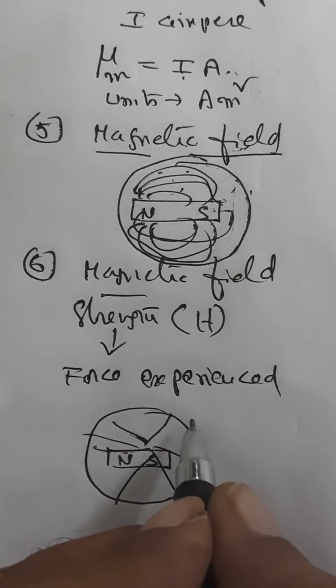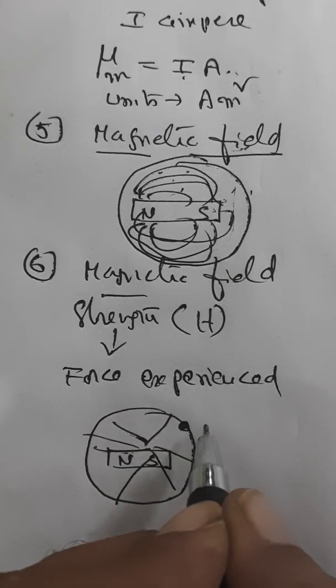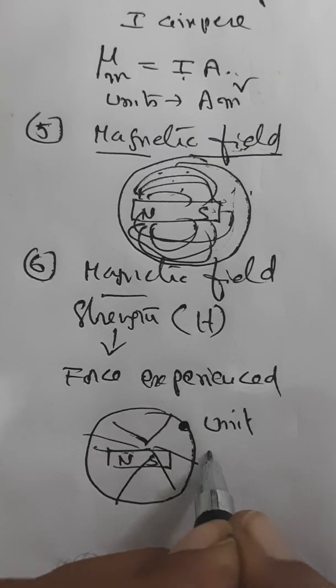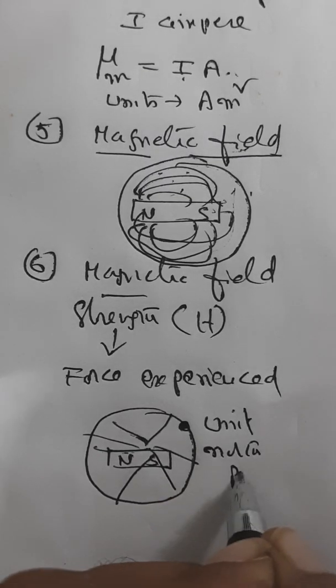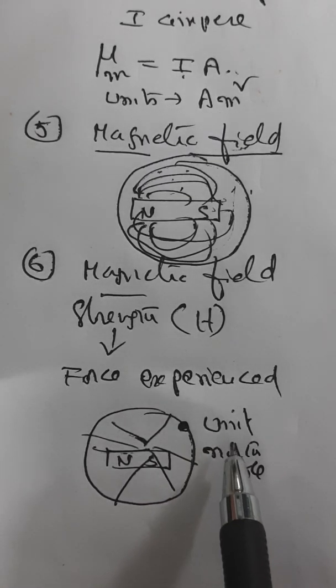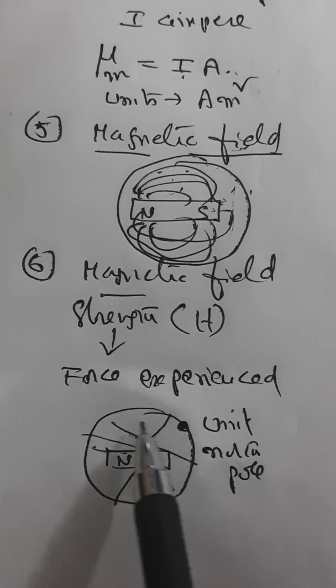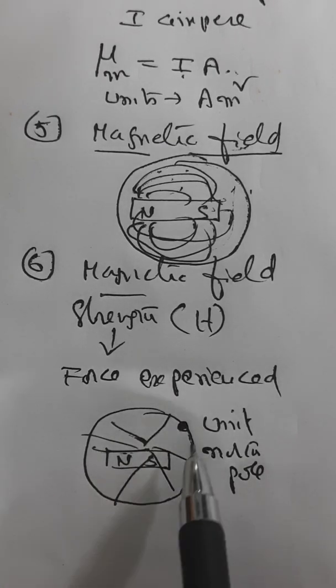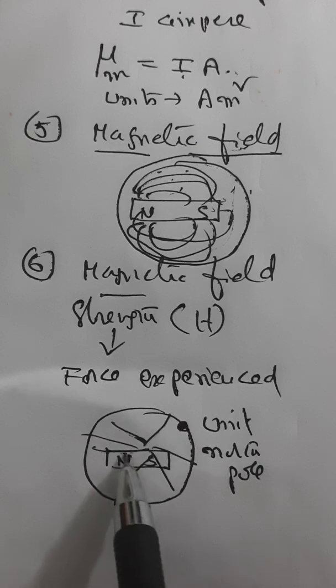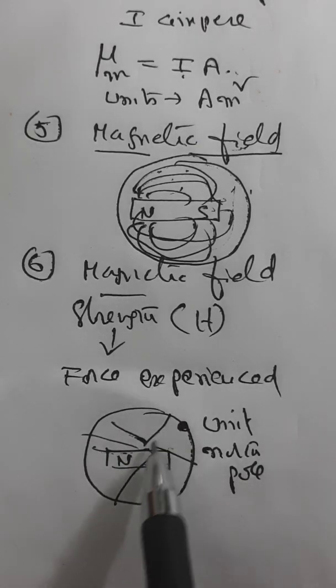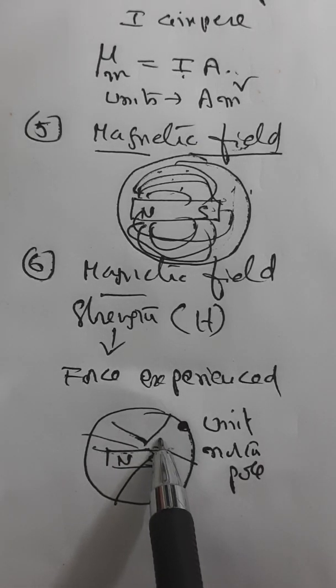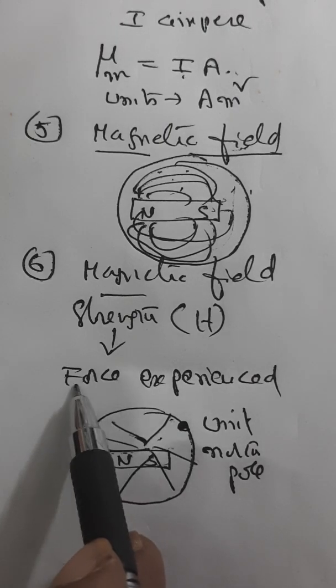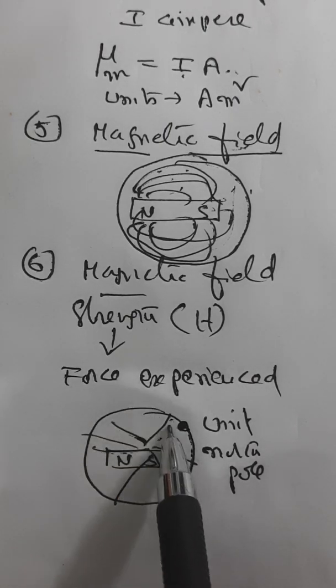Suppose I keep a unit north pole at a given point in the magnetic field. Then this unit north pole, because of this magnetic field, experiences a force. That is what is called magnetic field strength.